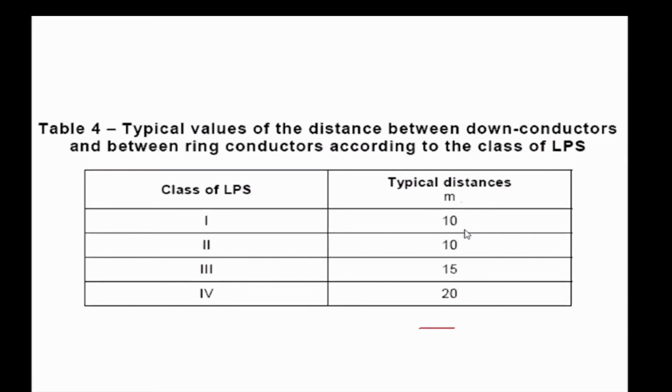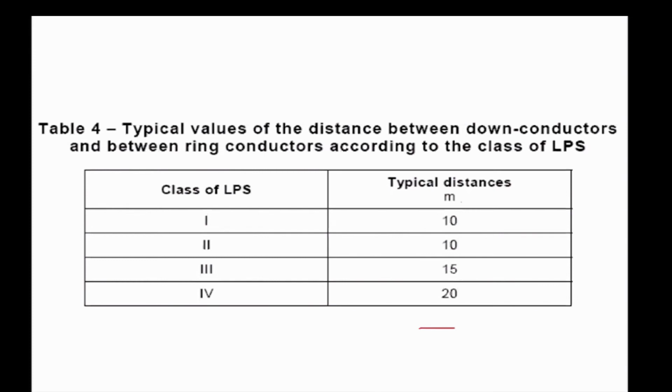Now be a little cautious about these values. What they mean is that if you have a building with a perimeter of 100 meters, and you are going to implement level 4 protection to the building, then for level 4 protection, the separation is 20 meters.